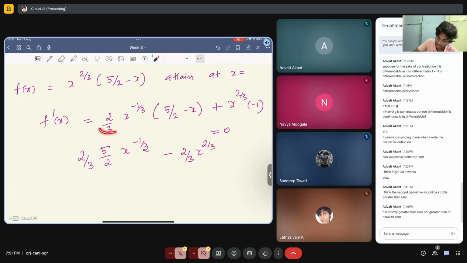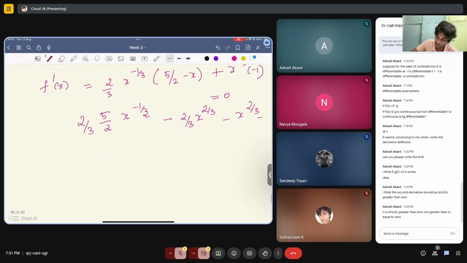I'm just multiplying this and this, and that gives me this minus x power 2 by 3, and this is equal to 0.